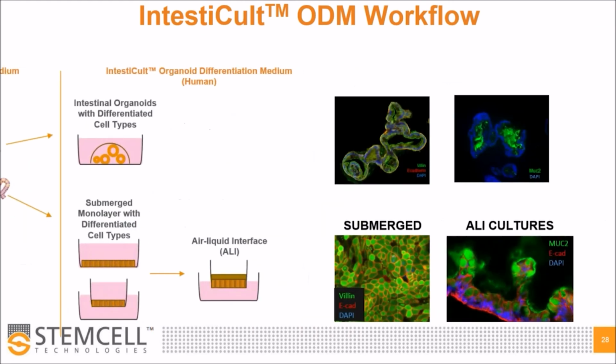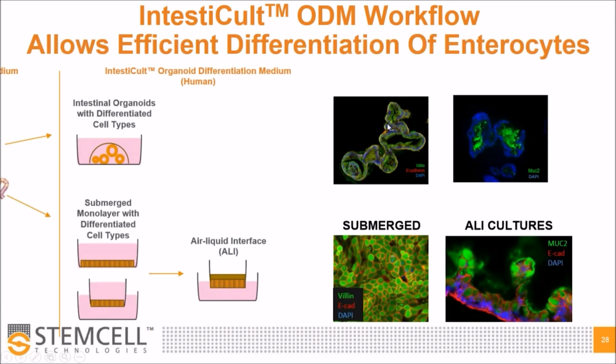In these systems, we characterized the expression of enterocyte-specific markers, such as villin, and goblet cell-specific markers, such as mucin-2, in both organoids and monolayer types of cultures. So we thought to test now the expression of ACE2 on these platforms.